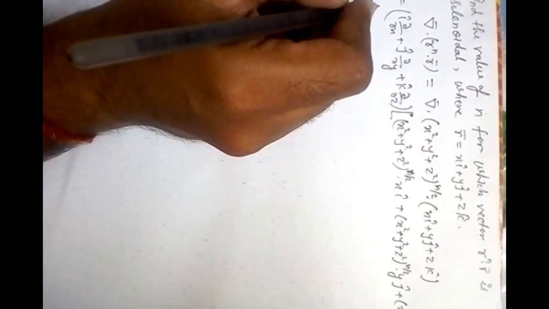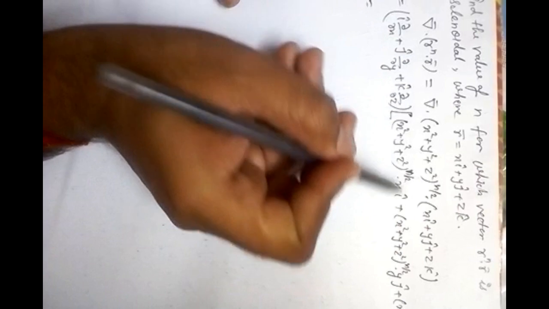Okay, so i dot i is 1, j dot j is 1 and k dot k is 1.